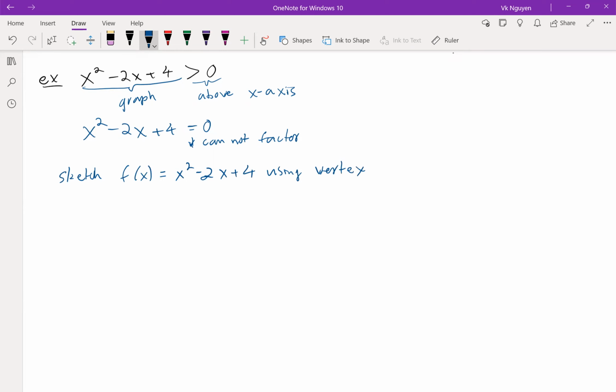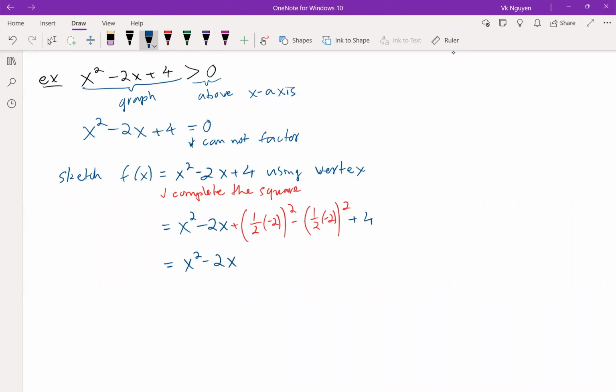Let's do the completing the square. X squared minus 2x plus 1 over 2 times negative 2, squared, minus 1 over 2 times negative 2, squared, plus 4.